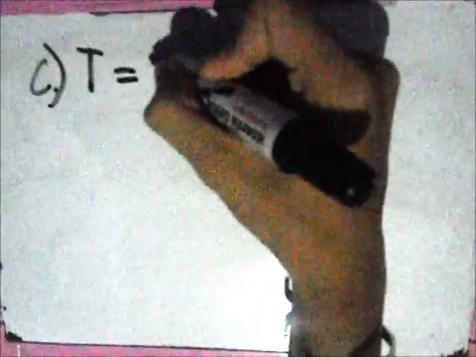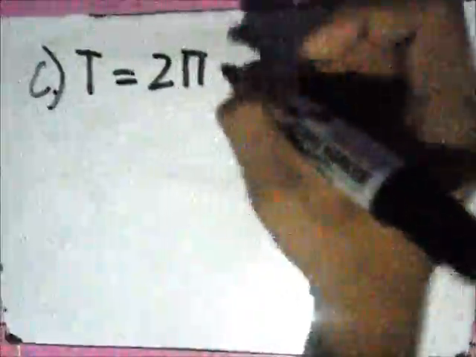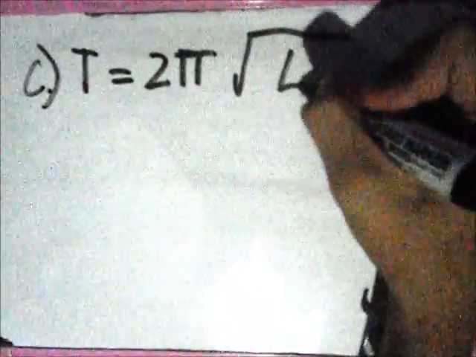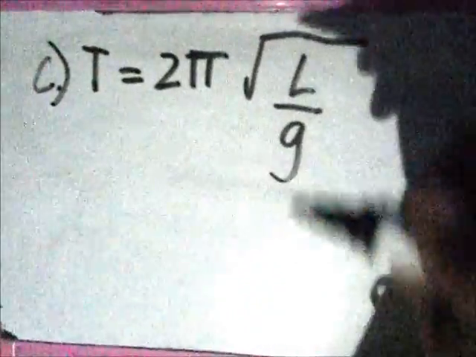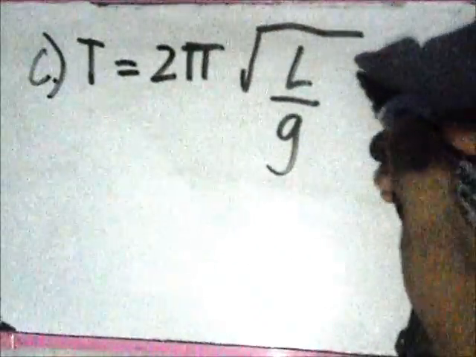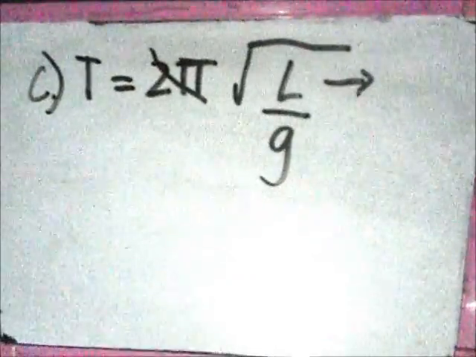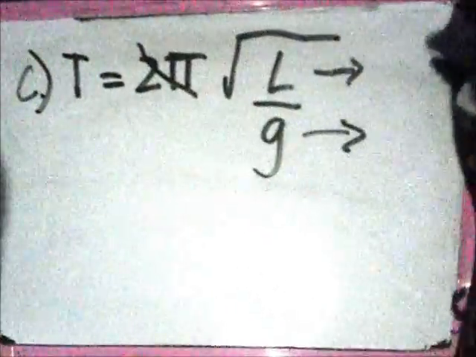For the third and last example, given the formula, time is equal to 2 pi times the square root of length over gravity. First, let's describe each value. We know that 2 pi is neglected because it's dimensionless, and length will remain length.